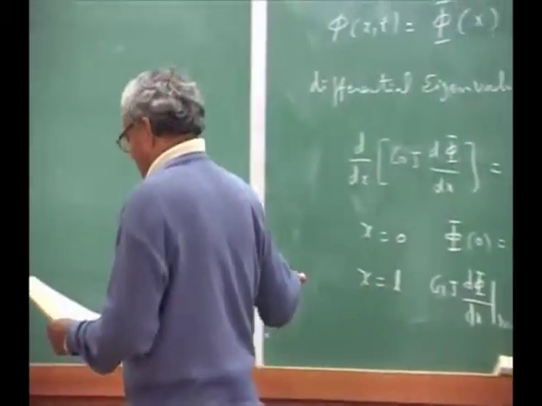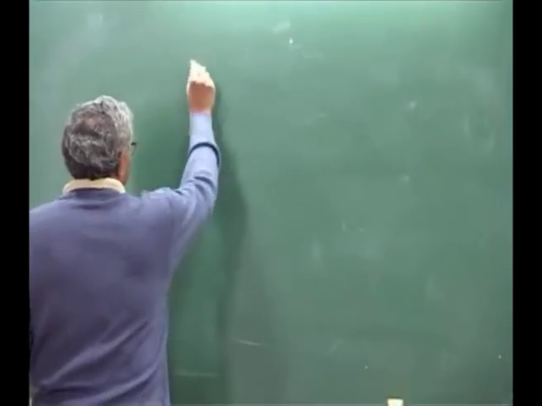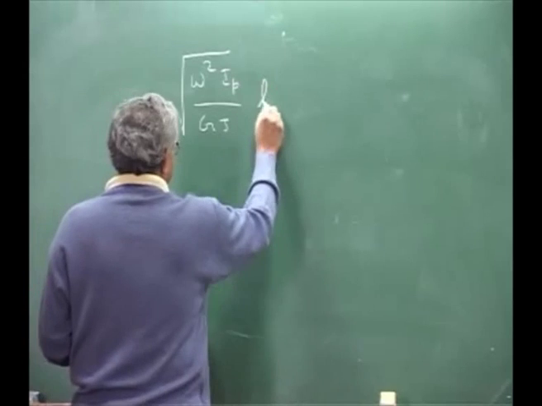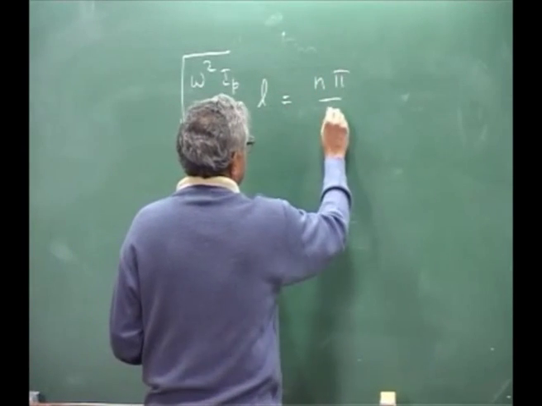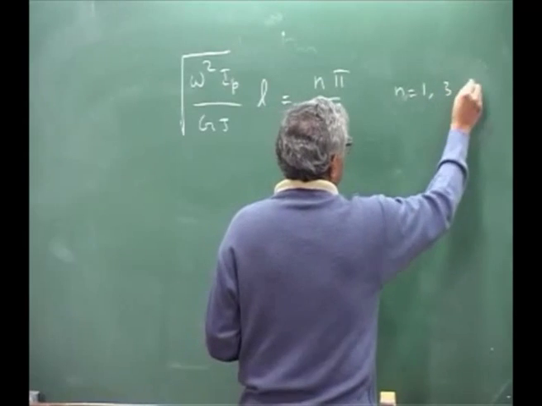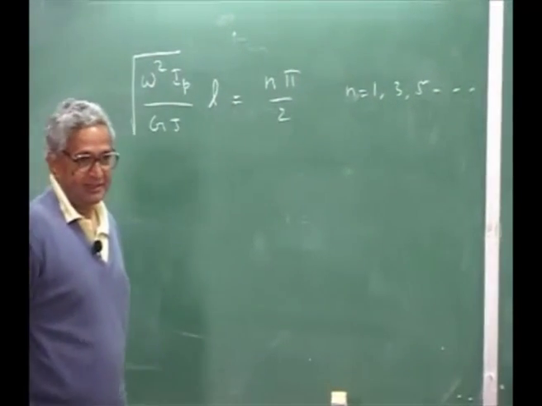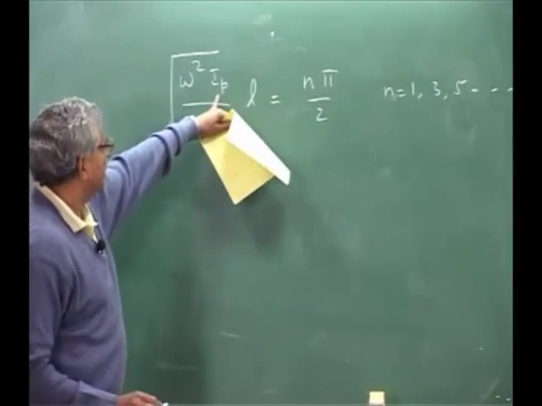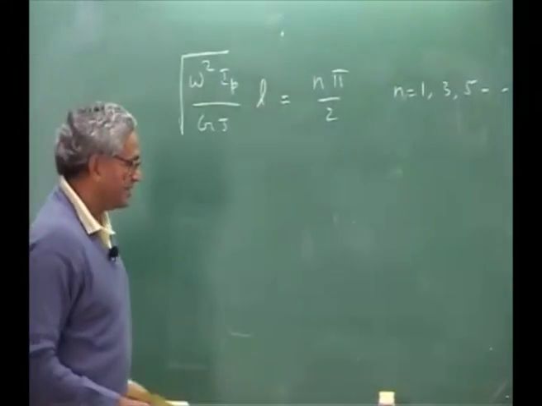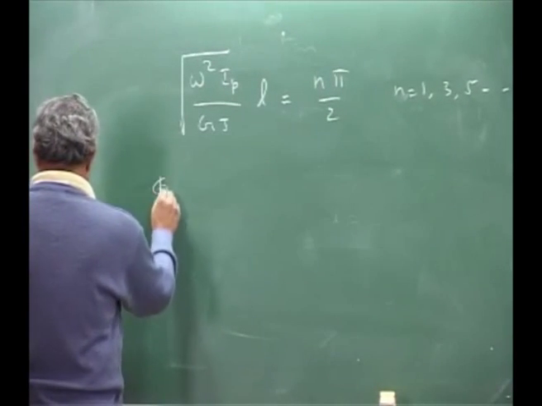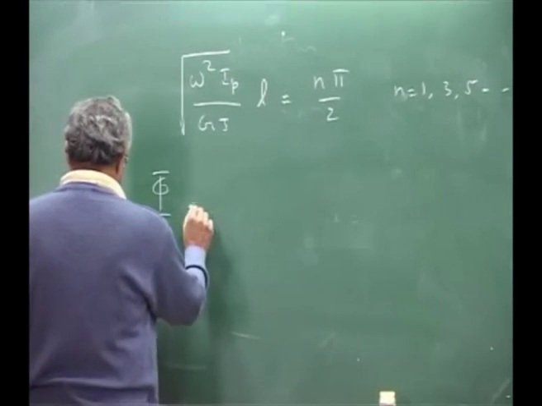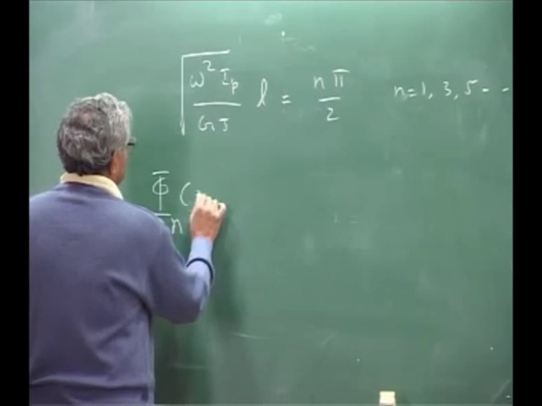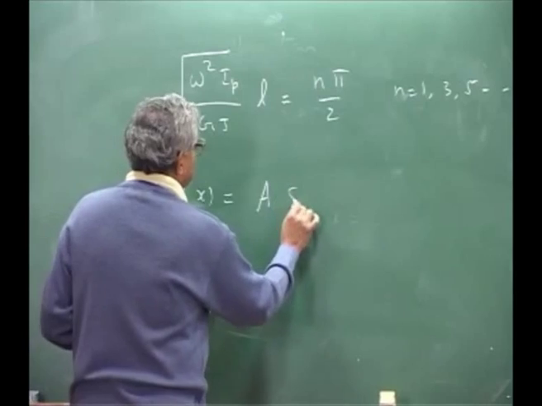Therefore your solution will be square root of ω² Ip over GJ times L equals nπ/2, where n runs over 1, 3, 5, etc. That means you can get the frequencies, and the mode shape becomes φn equals some a sine.